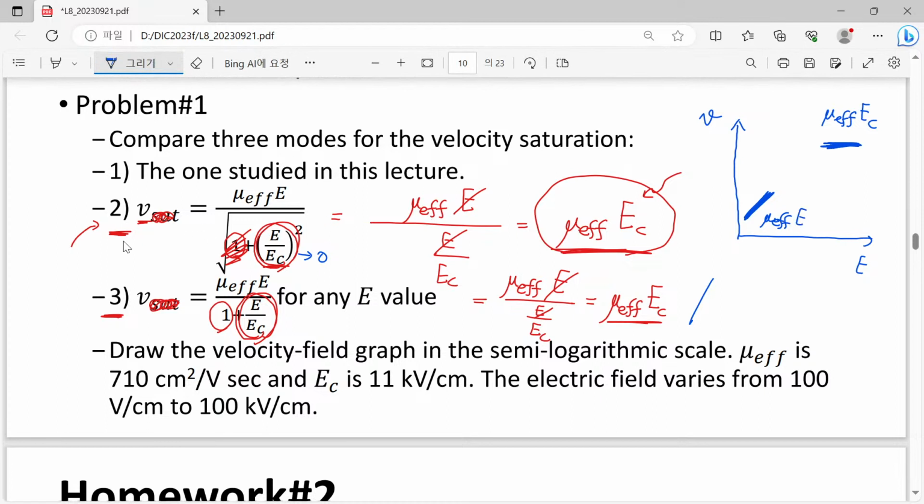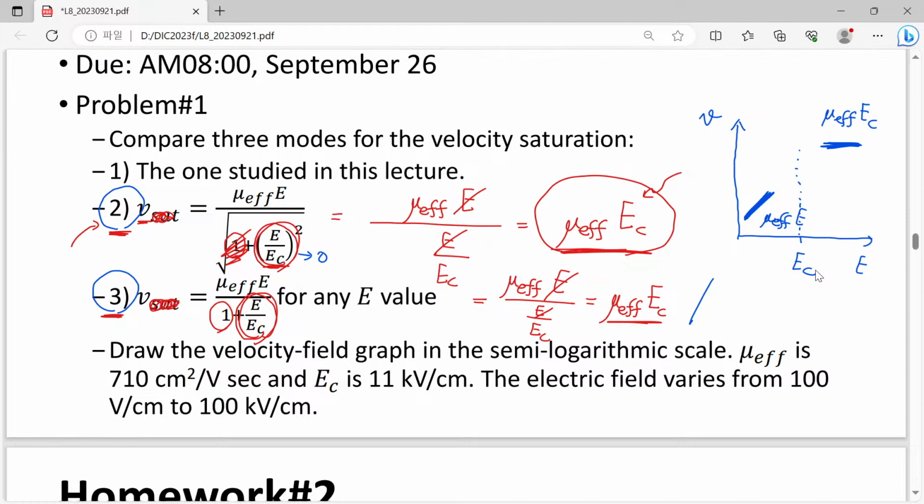But what is the difference between this second item and third item? It corresponds to the value near the critical electric field. When we have the critical electric field, what will happen? That is my question. So let's think about a specific number.